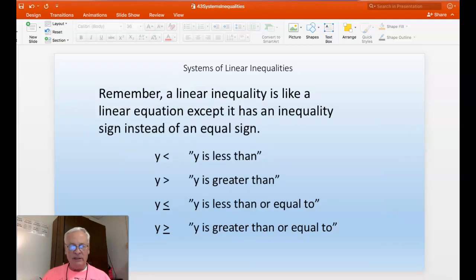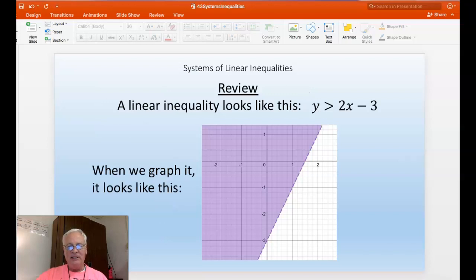Also, guys, remember a linear inequality. It's just like a linear equation, except it has an inequality sign instead of an equal sign. So you have greater than, less than, greater than or equal to, less than or equal to. Those are inequality symbols. A linear inequality looks like this.